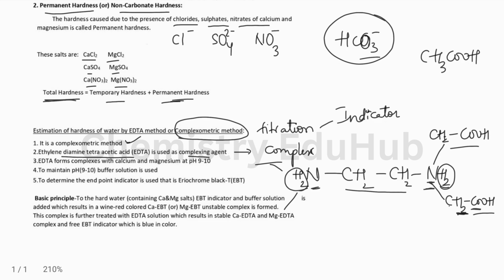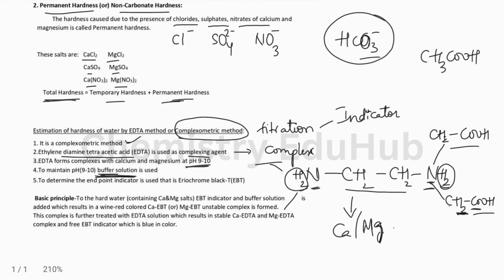So it is EDTA, a complexing agent which forms a complex with the calcium or magnesium ions present in the hard water. Now this happens at a particular pH, that is in the 9 to 10 range. To maintain this pH, we are using a buffer solution. Now what is a buffer solution?